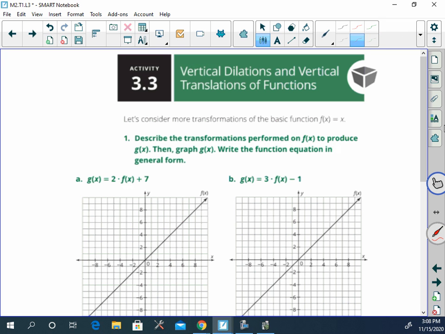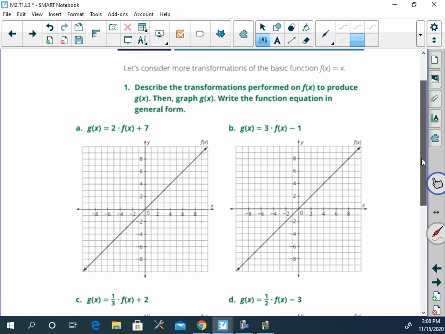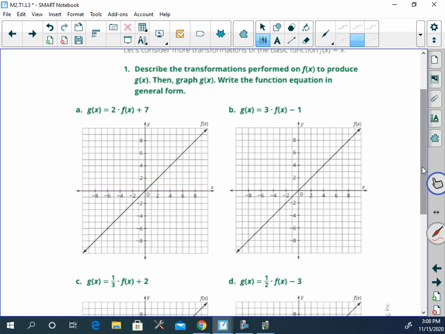Okay, so here it says, let's consider more transformations of the basic function f of x equals x. Describe the transformations performed on f of x to produce g of x. Then graph g of x. Write the function equation in general form. Okay, so some of the things that I see here, I see this 2 that's multiplied in the front.